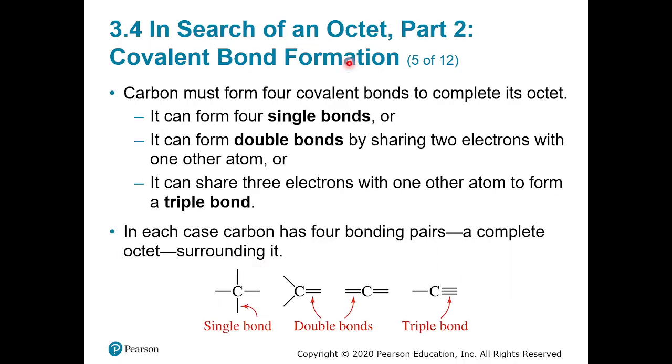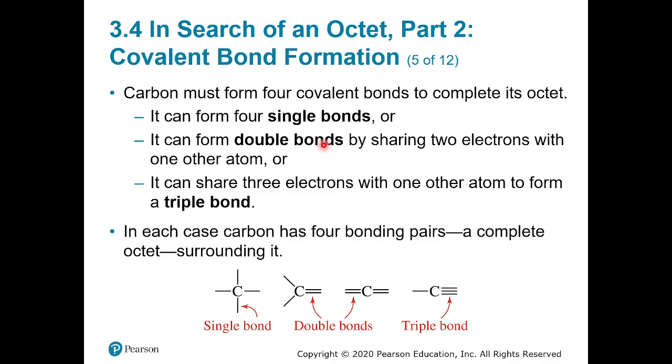So let's look at some other stuff. Now, single bonds. We could make 4 single bonds to complete carbon's octet. Each bond is 2 electrons, and 4 times 2 is 8. Now, carbon can also make what are called double bonds.